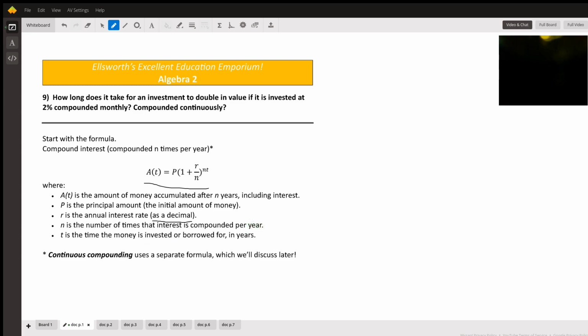Convert the rate into a decimal, please. Thank you. N is the number of times per year it is compounded. And T is how much time has elapsed since you borrowed the money or invested it, as the case may be. Continuous compounding uses a different formula from this one, and we'll discuss that one later.